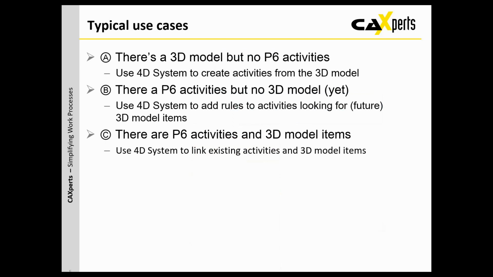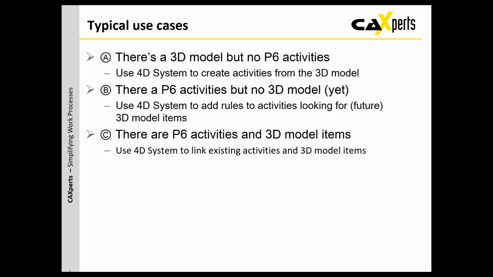What are the typical use cases? We have three use cases here, A, B, and C. So use case A is that you have a 3D model already, but no P6 activities. So in this case, you can use the 4D system to create activities from the 3D model data.